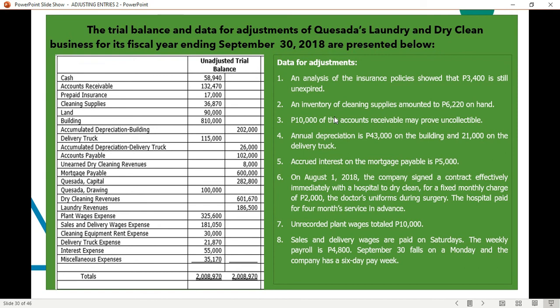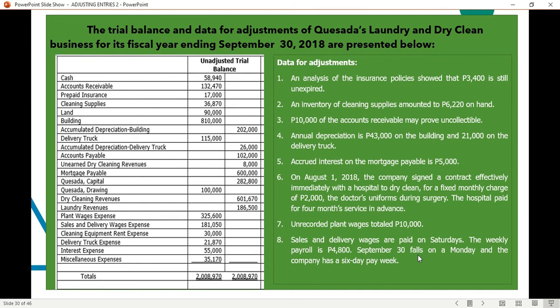The 4,800 is good for 6 days, so 4,800 divided by 6 days. Payroll per week is 4,800, so per day that's 800.